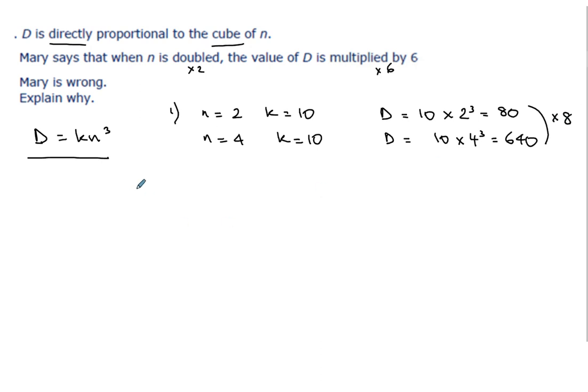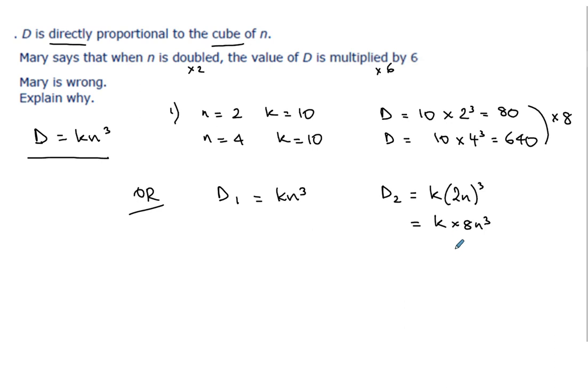The more intelligent GCSE way is we say d1 equals kn cubed. Now d2 will be k, but because we're doubling n, you've got 2n, but all cubed. So the whole thing's being cubed. If we expand that out, we'll have k times 2 cubed, which is 8, and then n cubed.